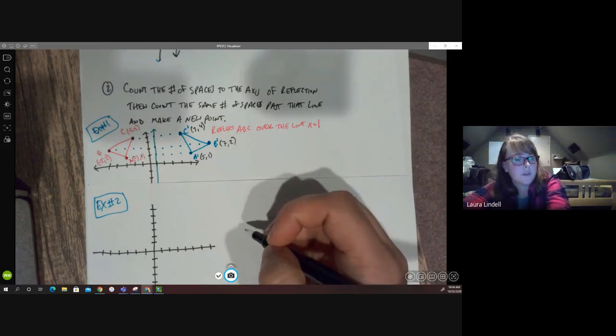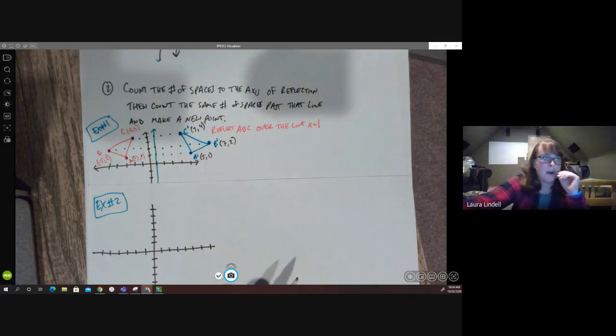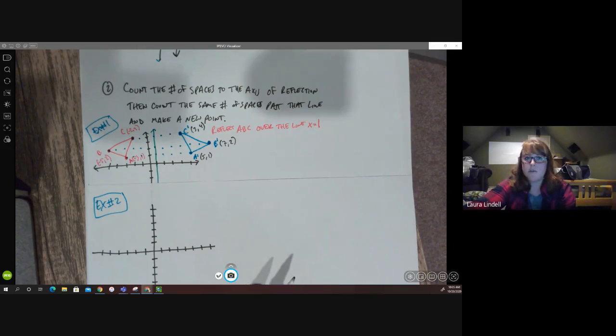Okay. So again, doing our best to make our lines roughly the same distance apart. It's hard to do. But the better we do with it, the more accurate our shape will look.